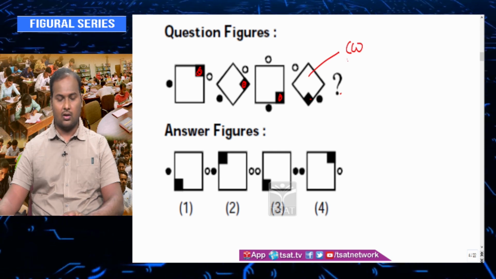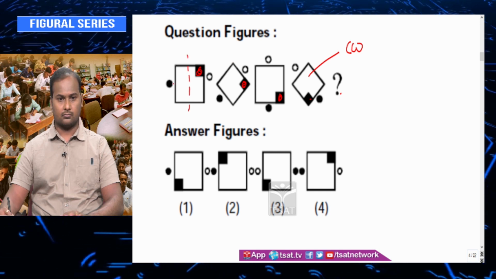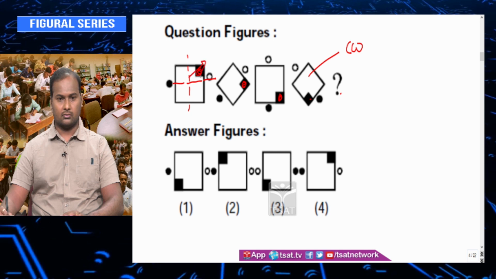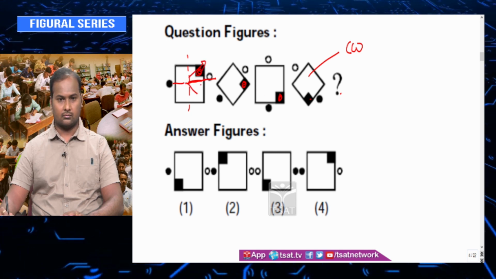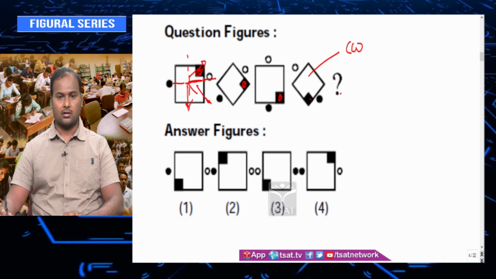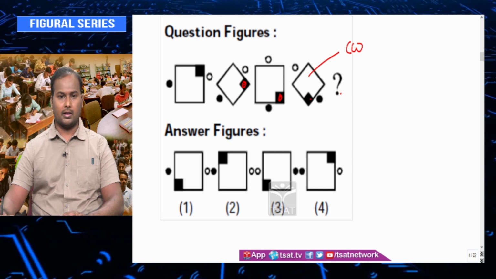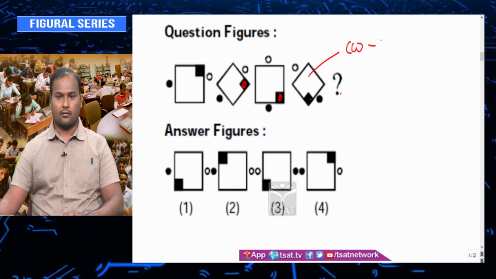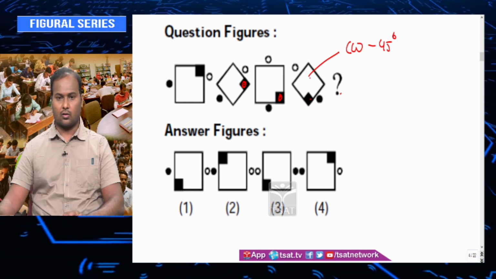If you divide like this, now it is here, the next point is here, the next point is here, and the next point is here. Means what exactly is happening? The inside figure is rotating clockwise by 45 degrees. So this is rotating 45 clockwise.